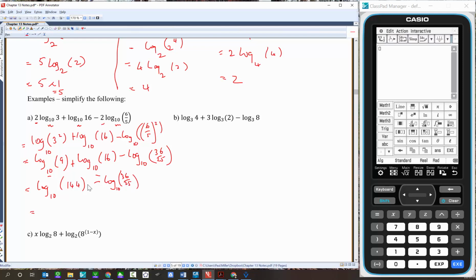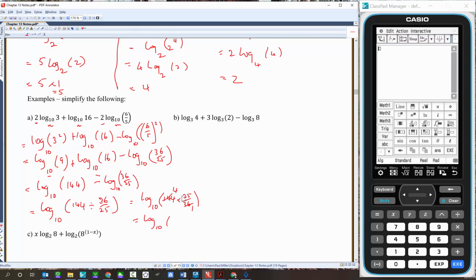Now what we do when we subtract common base logs is we divide. And when we divide, we just use our fraction rules here, which is log base 10 of 144 times 25 over 36. 36 goes into 144 four times.